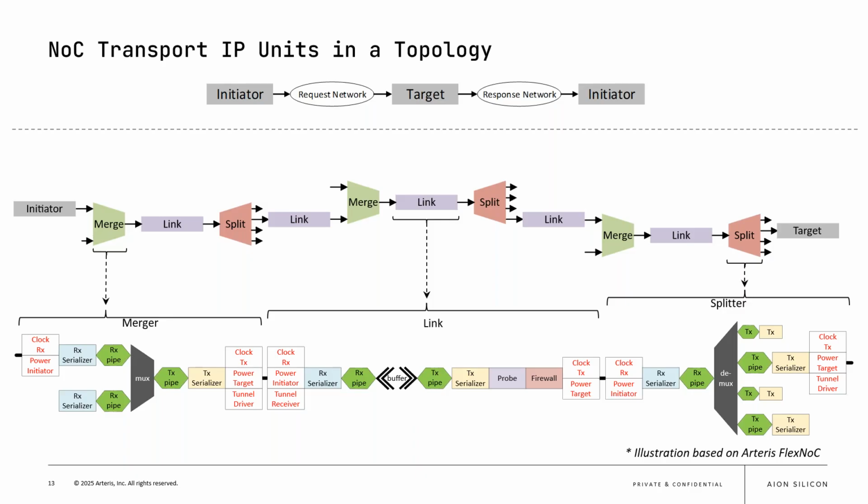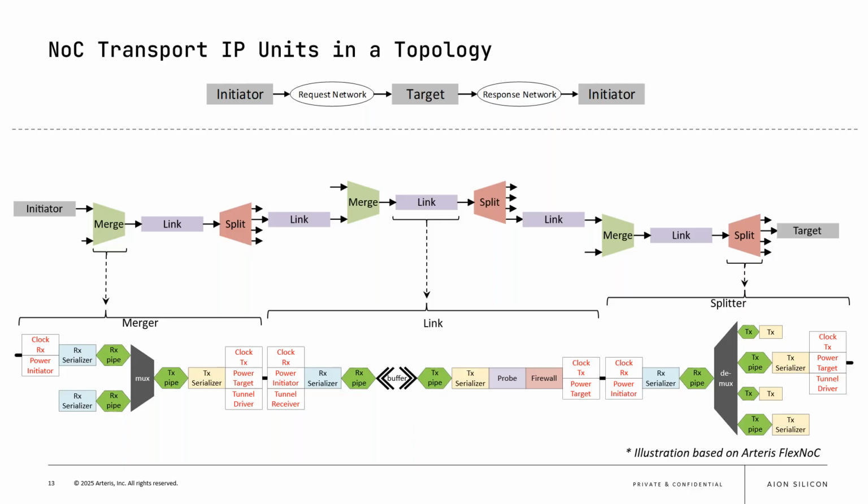And then you've got a similar symmetrical network called the response network, which is in the opposite direction, going from target back to initiator. As a transaction traverses the path from initiator to target, it will go through stages of traffic merging, go through links, and then go through stages of traffic splitting.